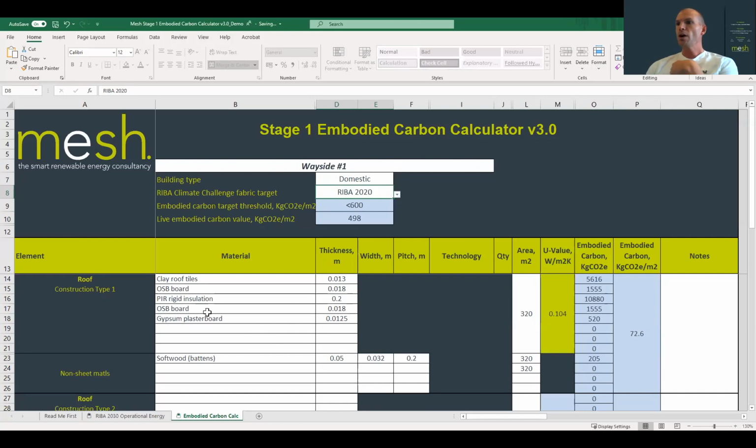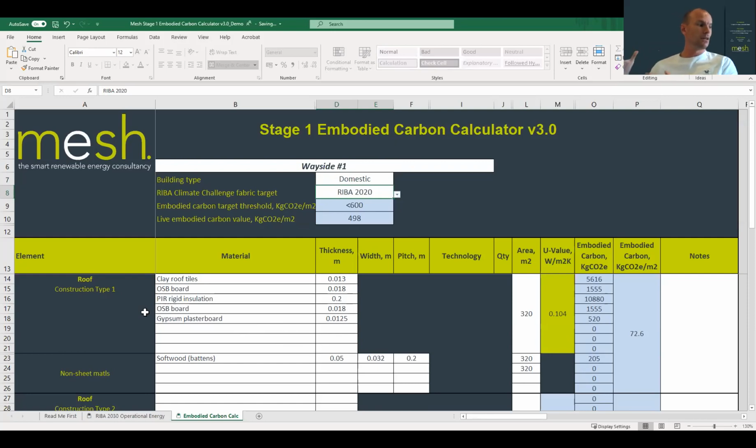So as we work down, again, for those who are new to the calculator, there's a really fine line to be had here between keeping this simple and getting some really meaningful data out of it. And I would remind you guys, this is suitable for RIBA stage 1, RIBA stage 2 at a push. This is not a detailed calculator.